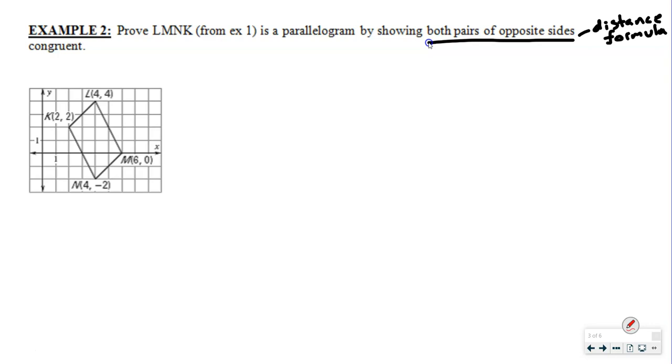So looking at KL first, I have to write in the distance formula, that long square root. Then I've got my x's subtracted together, so 4 minus 2 in parentheses squared, and my y's subtracted together, 4 minus 2 in parentheses squared.